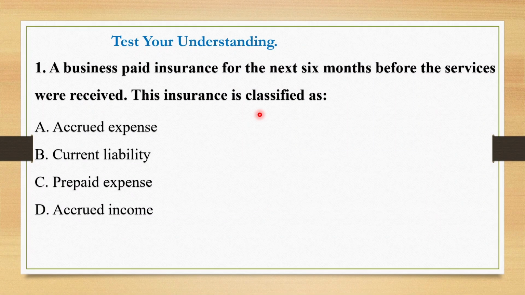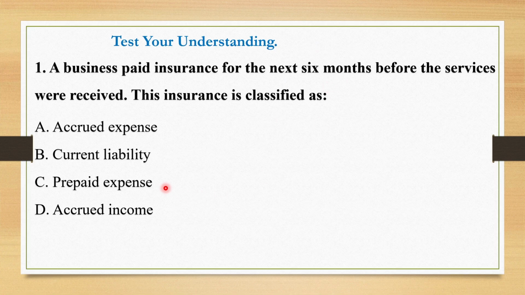So let's test our understanding. Question number 1. A business paid insurance for the next 6 months before the service was received. This insurance is classified as: A, accrued expenses; B, current liability; C, prepaid expenses; D, accrued income.